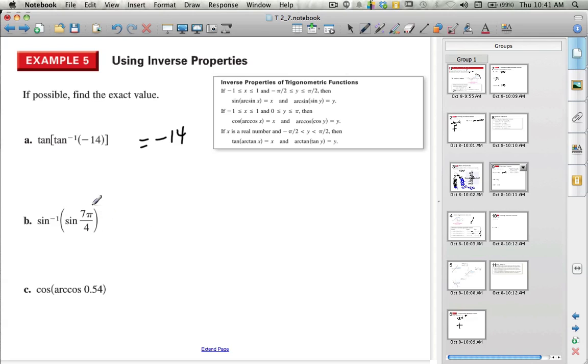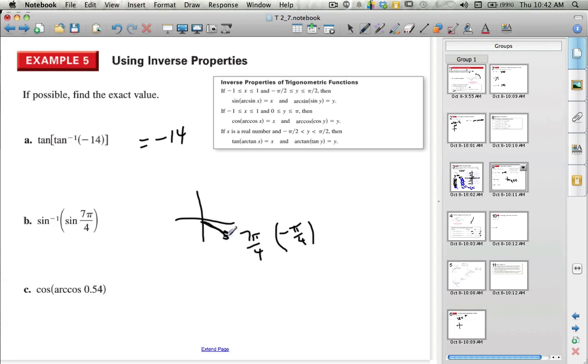So when you look at sine of 7 pi over 4, you can see that we're not really between pi over 2 and -pi over 2. If we think about 7 pi over 4, that's just about 2 pi. Right? But what we can look at, we talk about 7 pi over 4, it's over here, 7 pi over 4, but that's coterminal with -pi over 4. Okay, so we can use -pi over 4 in here, right?